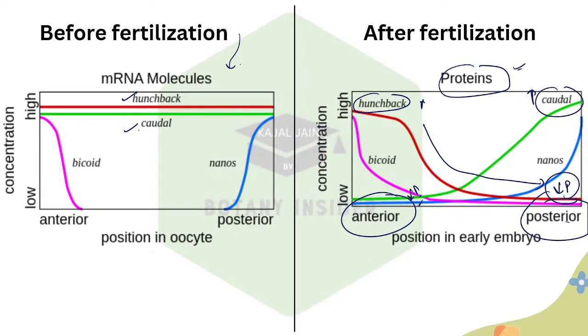And the other way around for the caudal also. For the caudal, there's an increase in the concentration on the posterior side and a decrease on the anterior side. Okay, and as a result of higher concentration of hunchback and bicoid in the anterior, there is anterior axis formation, and the other way around is the posterior axis formation, right?